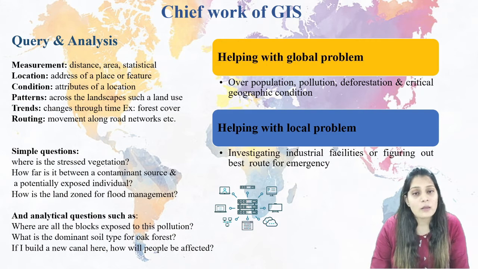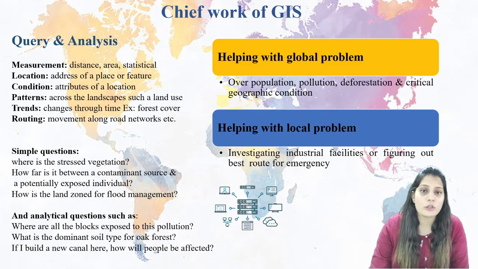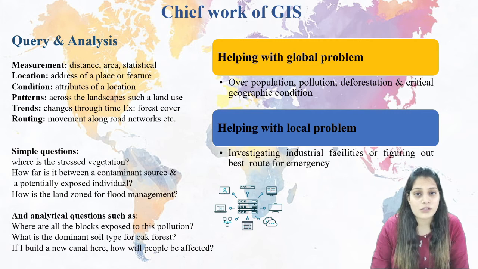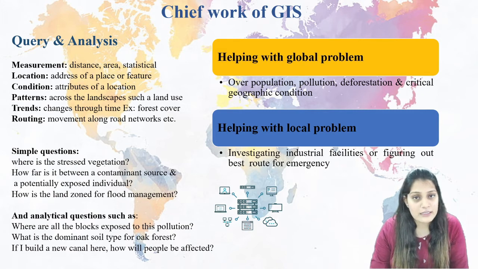Now, what are the analytical questions that can also be answered by the use of this tool? That is, where are all the blocks exposed to this pollution? Or which are the areas exposed to the situation of COVID? We can also get that answer with the help of GIS.